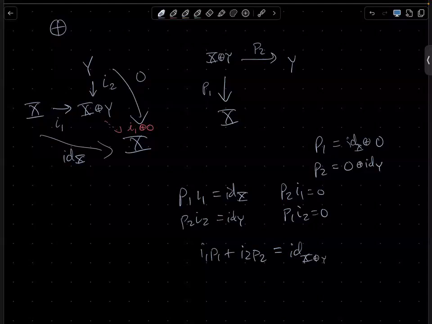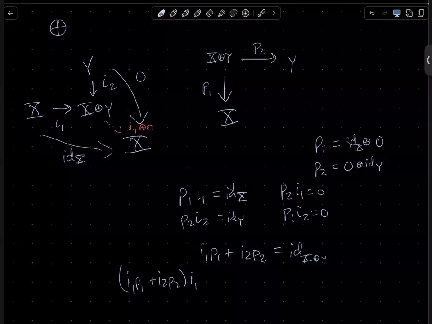Why is this true? One thing you can do is take I1 P1 plus I2 P2 and precompose with I1. Then if you expand it out using the bilinearity of composition and the identities above, you will just get I1 again.